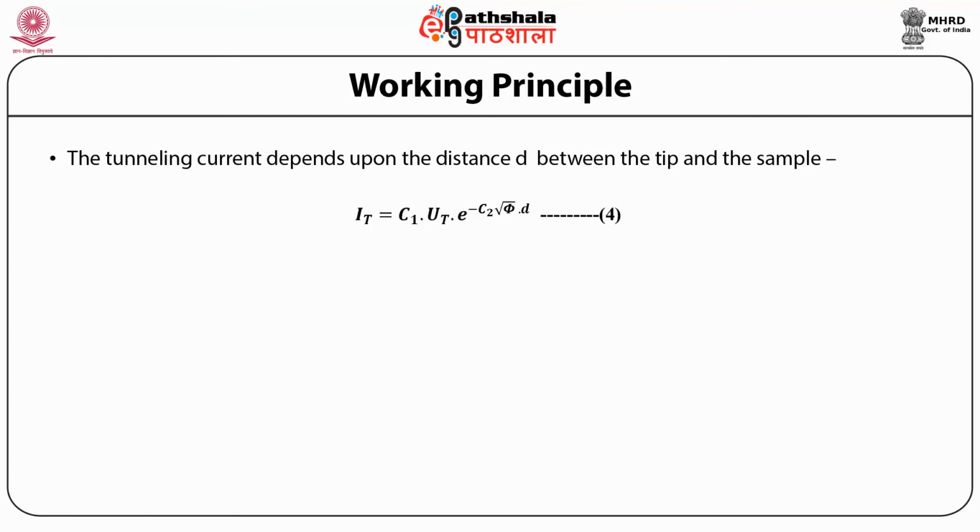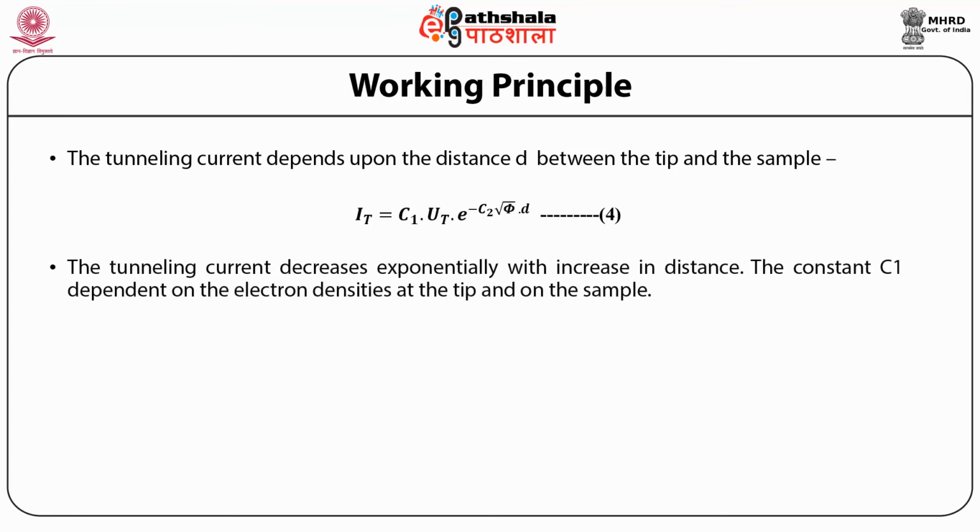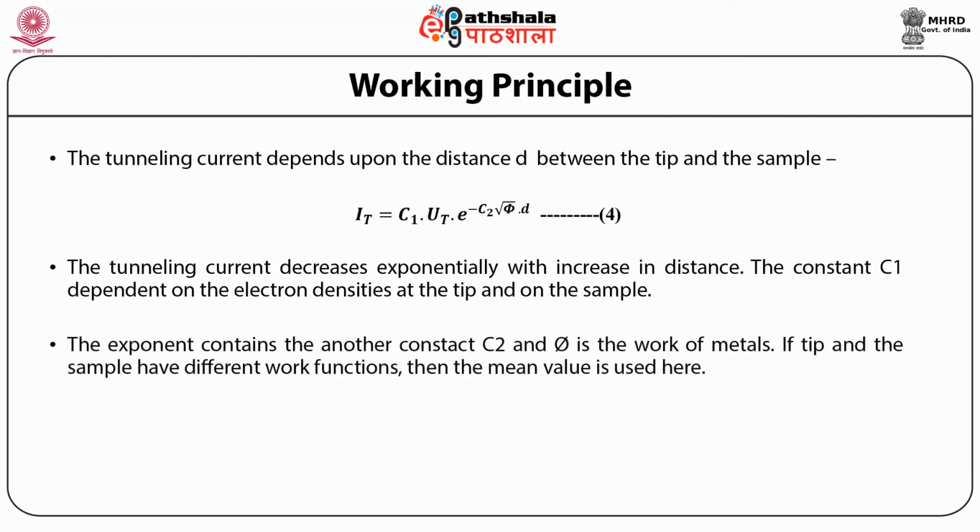This is equation 4. The tunneling current decreases exponentially with increase in distance. The constant C1 is dependent on the electron densities at the tip and on the sample. The exponent contains another constant C2, and phi is the work function of the metal.